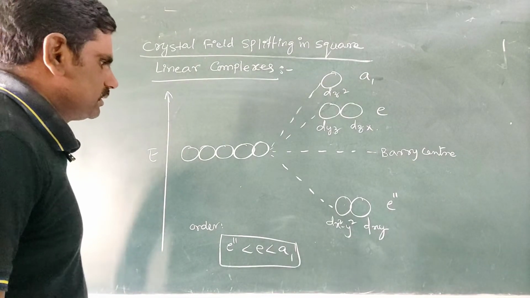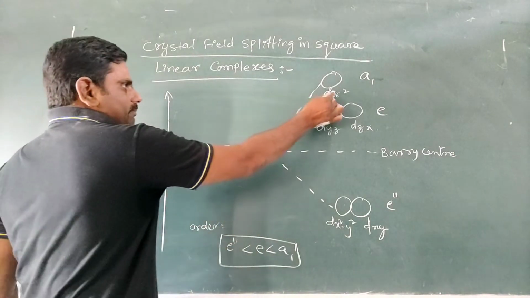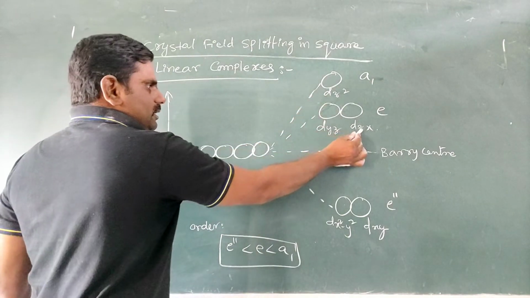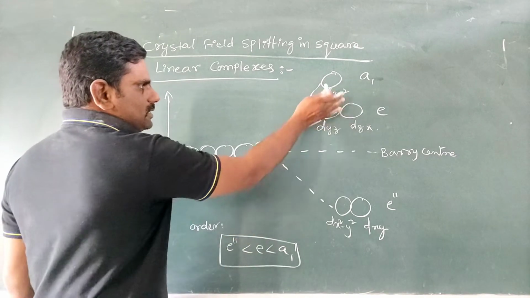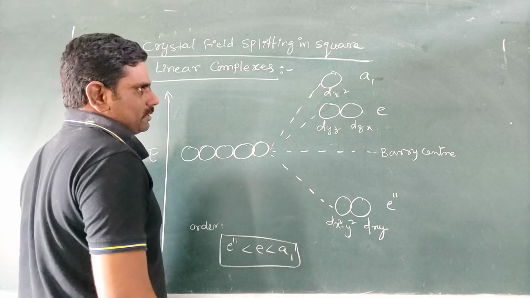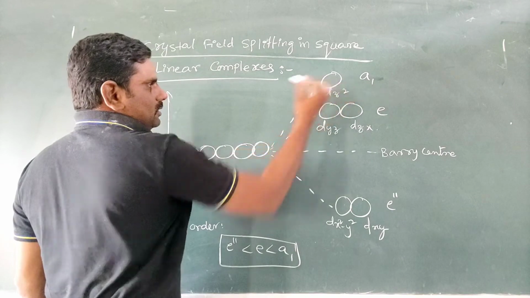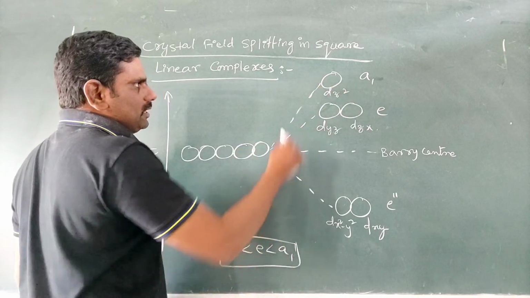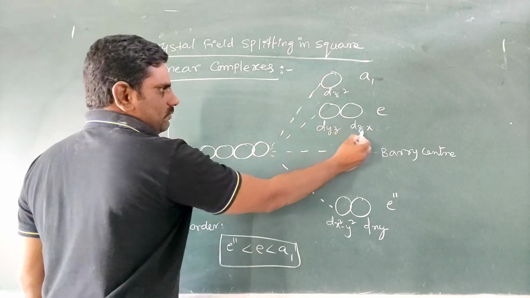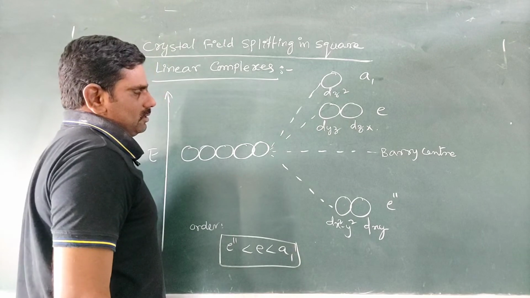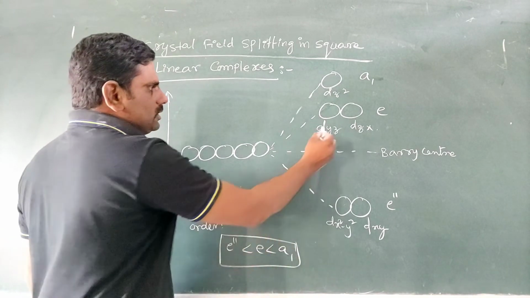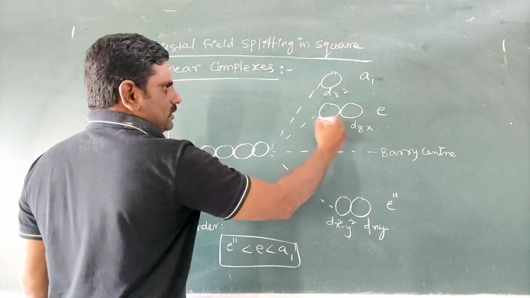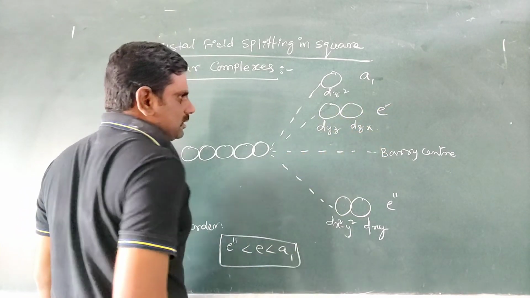So in this, dz square and dyz, dzx are all z component orbitals which are above the barycenter, in which the orbitals which are present along the axis are getting relatively more in energy than the orbitals which are lying in between the axis. So these two are a set of degenerate orbitals known as E double prime.